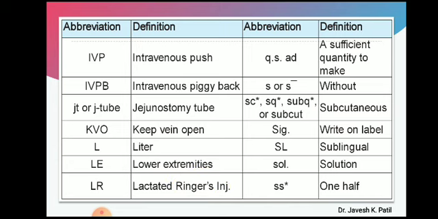Then QSAD, that is sufficient quantity to make. S with a line over it, above the S, which is without. And if it is C with a line, we know, with, and here is without, or plain S.